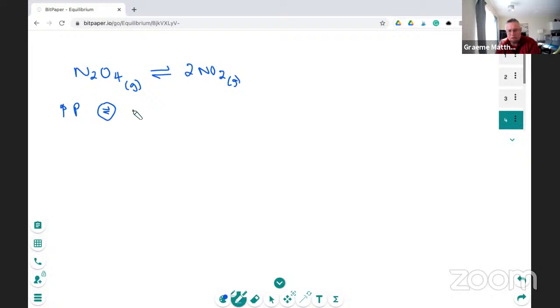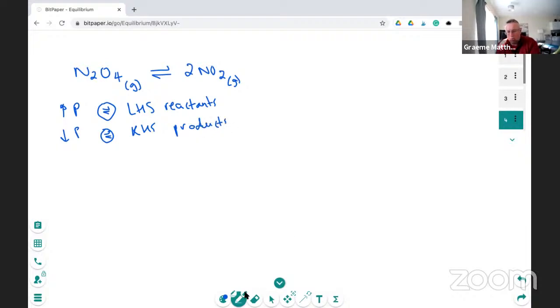My equilibrium position is going to move to the left-hand side and you make more reactants. Or if you decrease the pressure, it's going to move to the right-hand side and make more products. This is one you've probably seen.